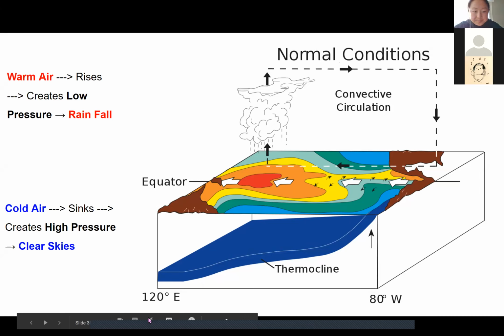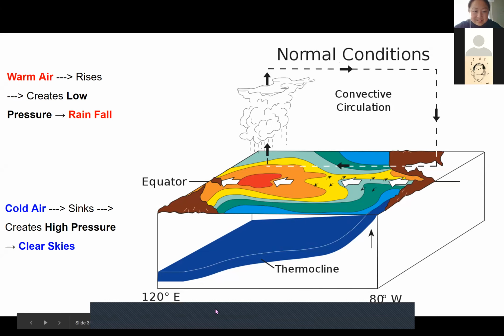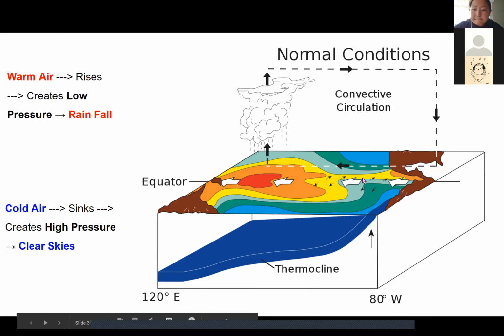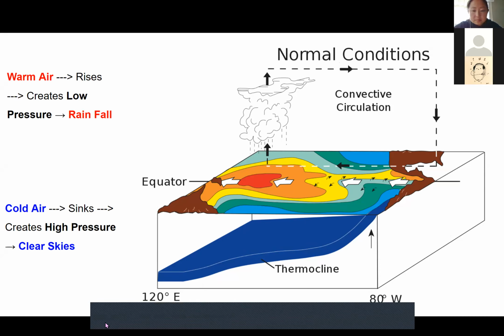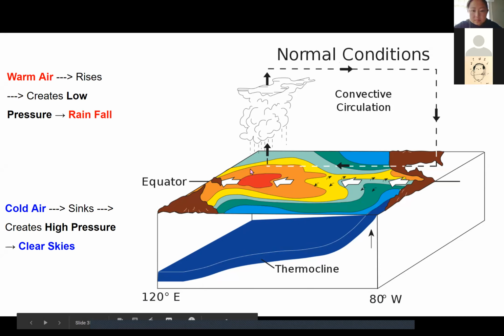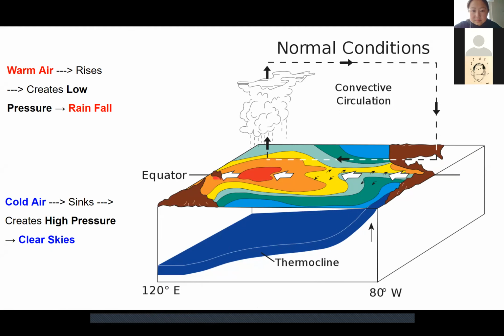So I guess in normal conditions, there are currents going from South America to Australia, which brings a lot of precipitation and is good for the agriculture over on the Australian side.